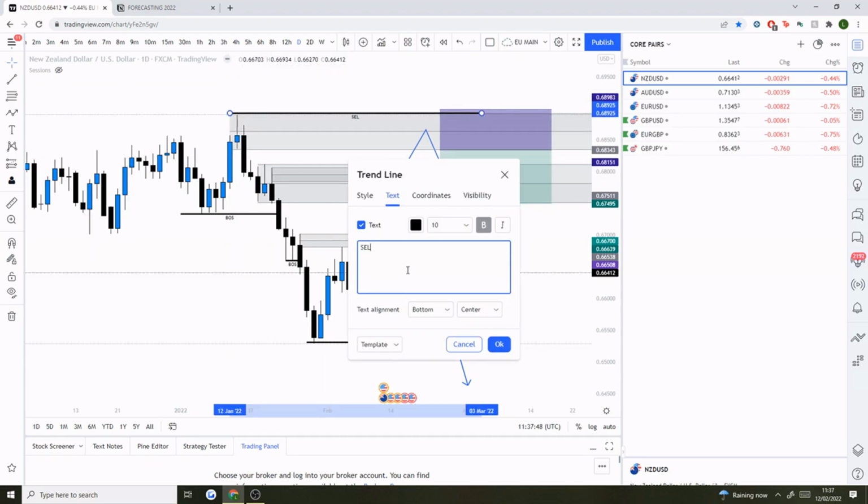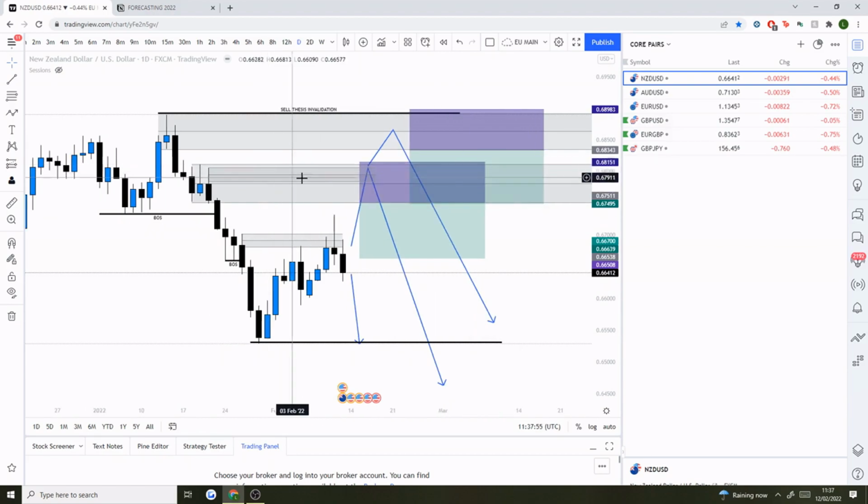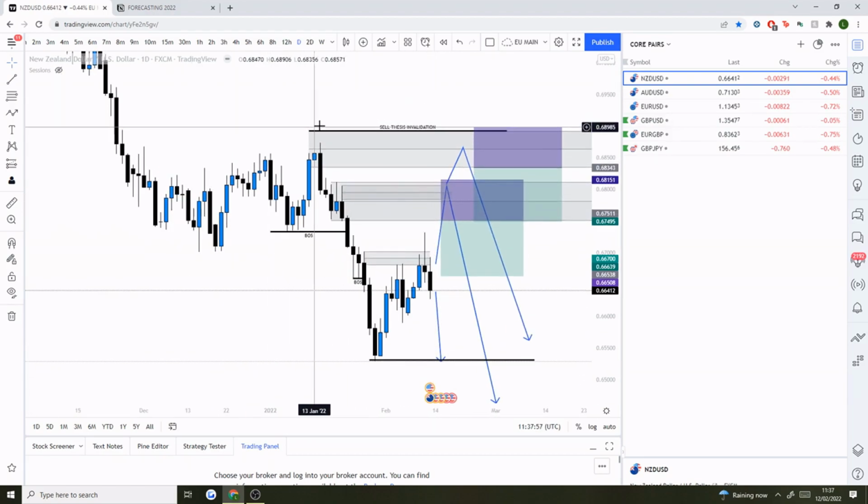So this is the daily high, and it's also the sell thesis invalidation. So for me, I'll be basically expecting sells on Nzd Usd until we break above this high.